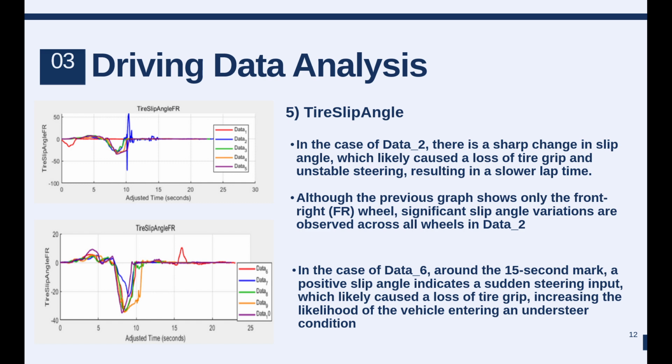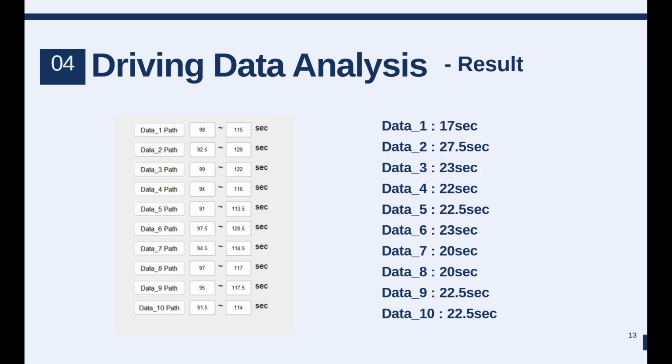Nevertheless, compared to other data sets, slip angle variations were still present, indicating that these also had a negative impact on driving performance. Finally, regarding the lap times, the fastest lap time was recorded in data 1, while the slowest lap time was observed in data 2.